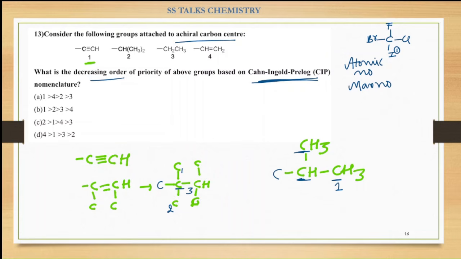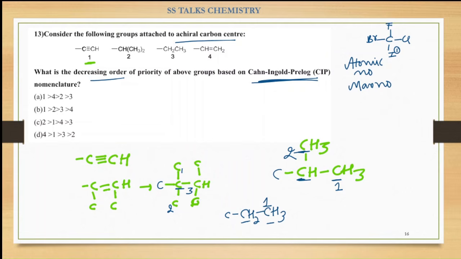So this is the first one and this is the second one, right? Next is the third molecule that is given to us. It is just your ethyl species, CH2 and CH3. So this is attached to your carbon center. So the carbon here is attached with only one carbon center further.